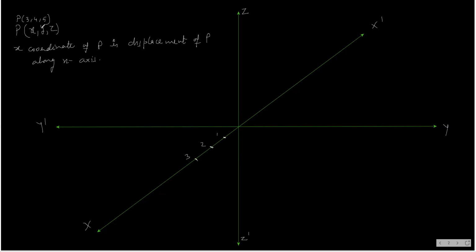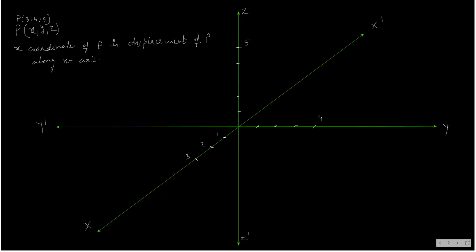Then the y coordinate is 4, so see here, 1, 2, 3, and 4. And the displacement along the z axis is 5, so you have 1, 2, 3, 4, and 5.